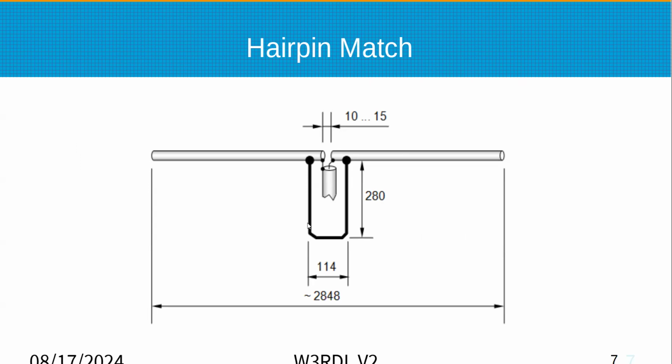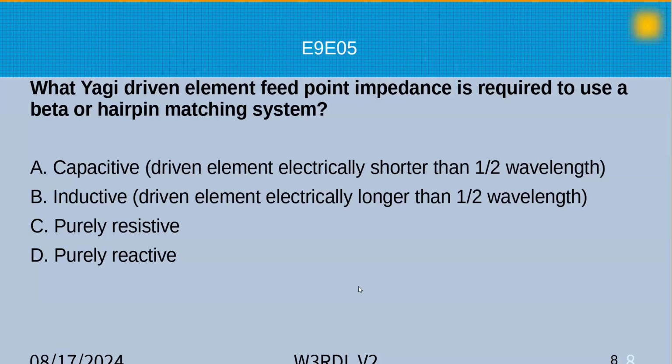And you add this little hairpin loop, which you kind of have to use a calculator to figure out how wide it has to be and how long it has to be in order to give you basically what we call a conjugate match. So it counteracts whatever the reactance is on the antenna. You give it the opposite reactance to cancel them out. So all you have is the real part.